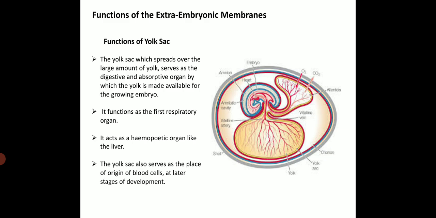Like the yolk sac, which spreads over the large amount of yolk and serves as a digestive and absorptive organ by which the yolk is made available for the growing embryo. It functions as the first respiratory organ and also acts as a hemopoietic organ like the liver. The yolk sac also serves as the place of origin of blood cells in the later stages of development. Here you can see the yolk sac.